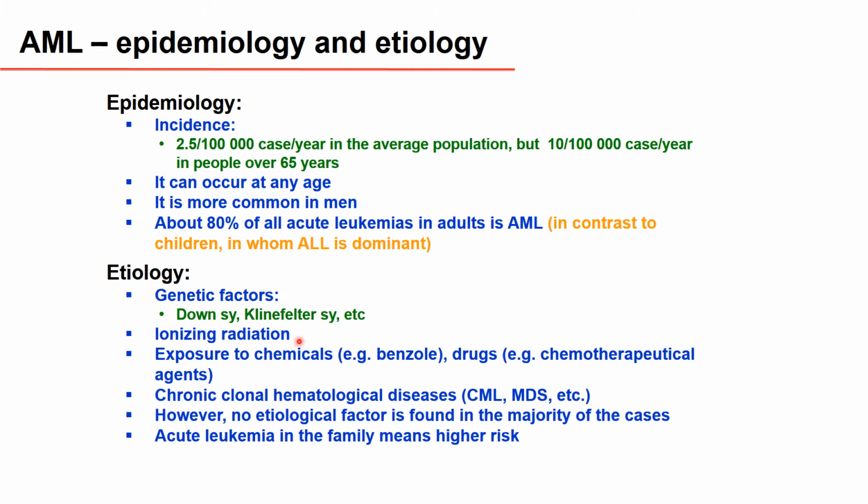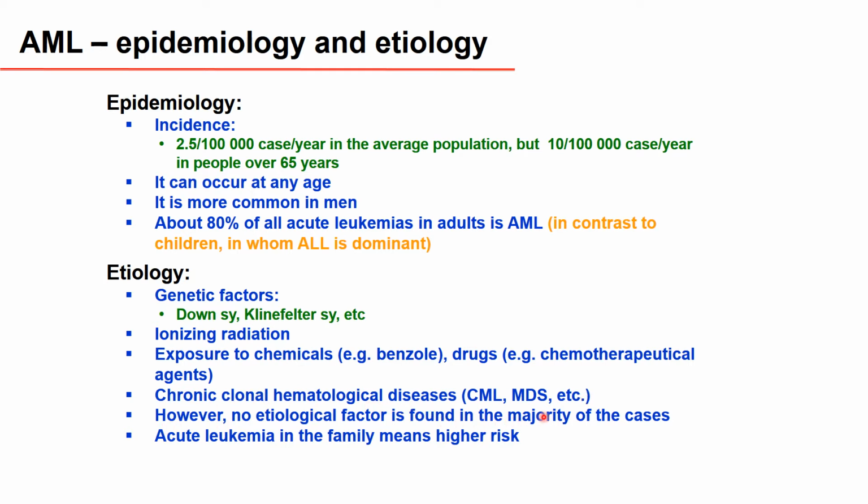Ionizing radiation can increase this, or chemicals or drugs, as I mentioned before, can induce changes of the stem cells. Or if somebody suffers, for example, from chronic clonal hematological diseases, such as chronic myeloid leukemia or myelodysplastic syndrome.